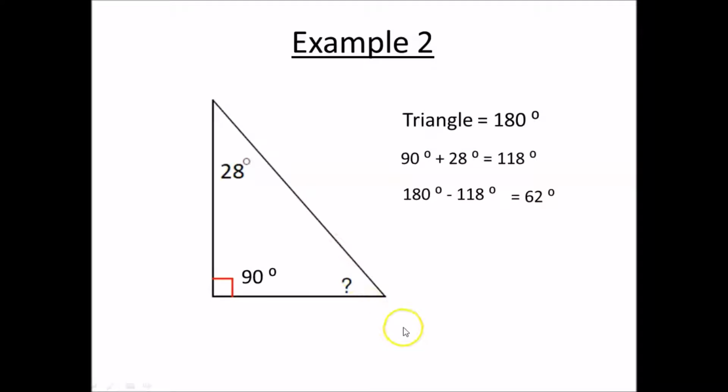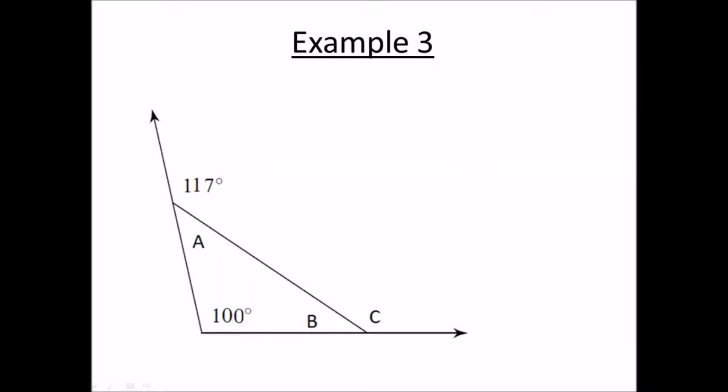Okay, now let's take it up a notch, and we're going to find the missing angles for angle A, B, and C. So when given these kinds of problems, you're asking yourself, what do I know? I know that there is a line right here, and in a line we know it's going to be 180 degrees. So if I take my angle A right here, and my 117 right here, we know that those two should add up to 180 degrees.